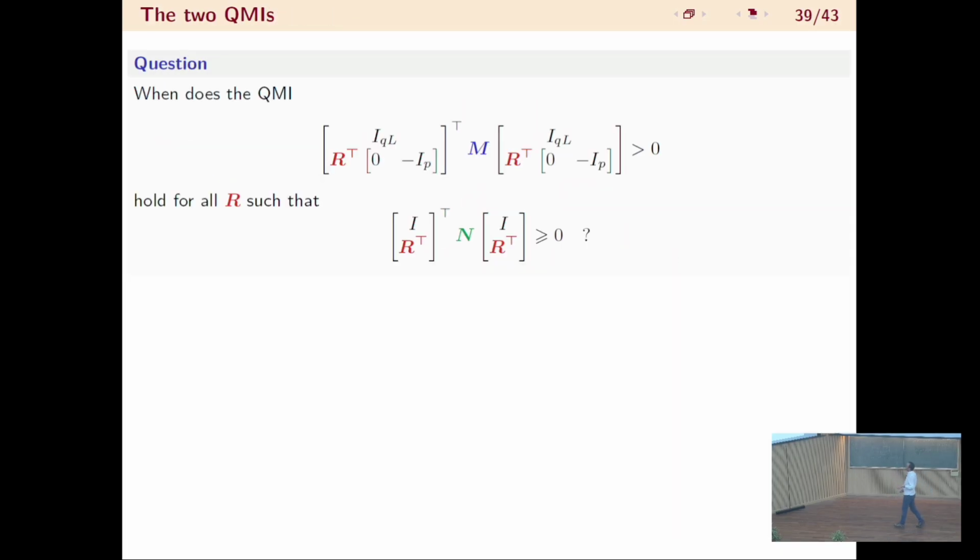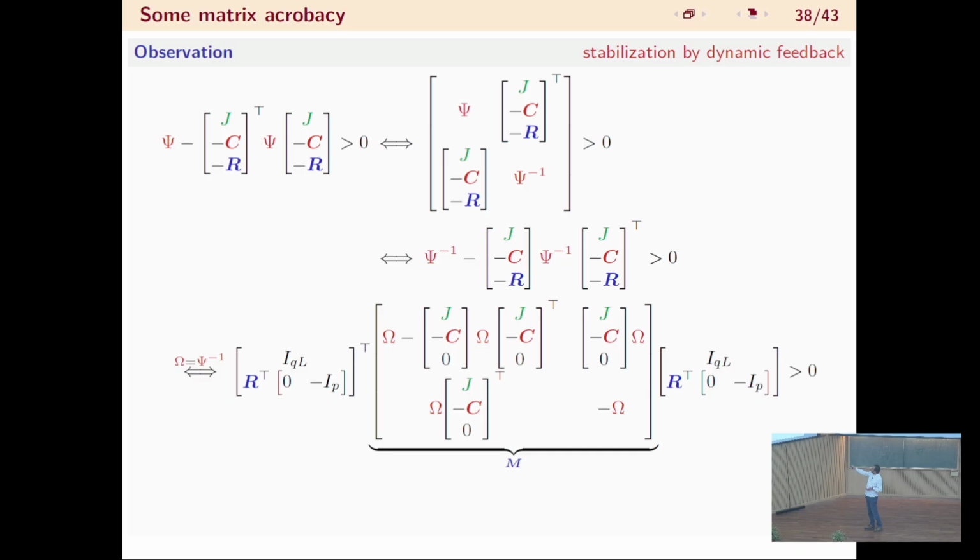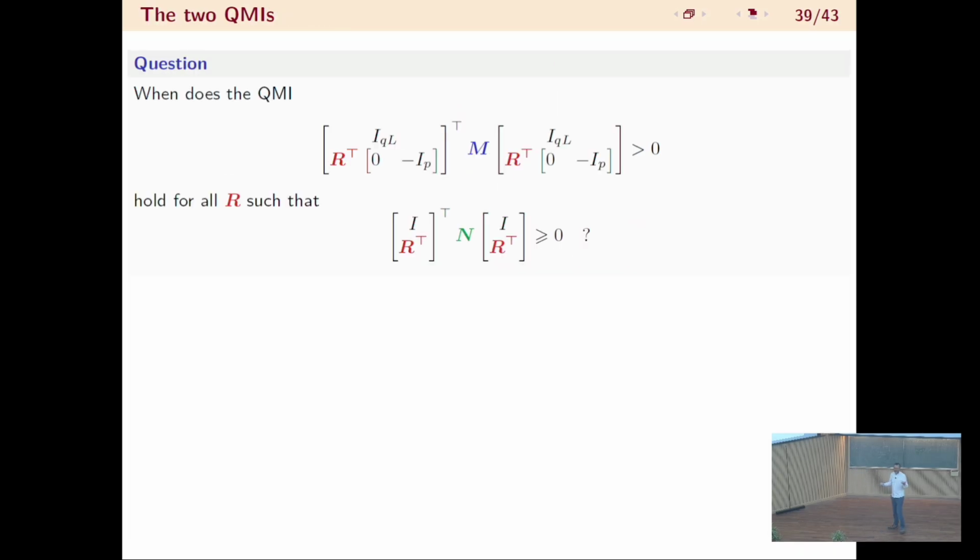But if I write these by defining this as M matrix, again I have an obstacle. I can't use matrix S lemma. Why? Because this guy has unknown R transpose, but this guy has R transpose times a matrix as unknown.